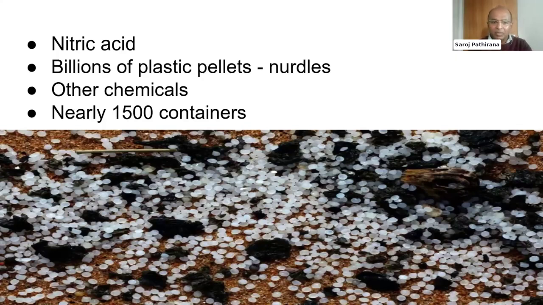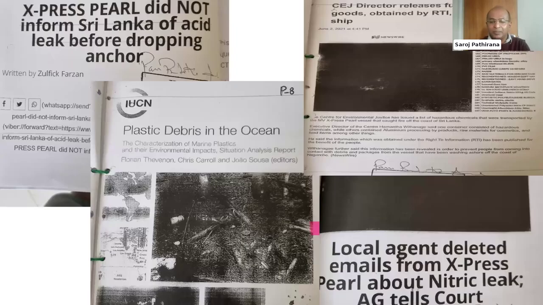From the beginning, the ship did not reveal information about the leaking nitric acid container. After the ship caught fire, after this complete disaster, releasing billions of plastic noodles, the ship owners were in no mood to compensate. From the beginning, there was a mystery: what happened, and why did they not reveal information?